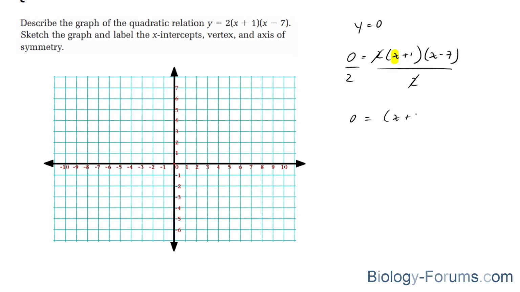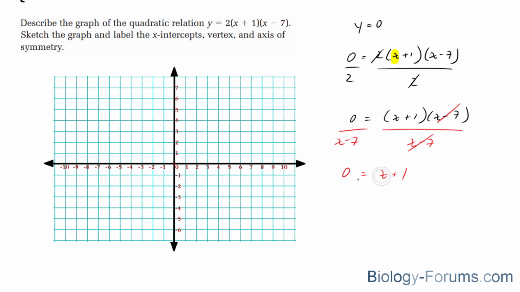Then, if we are targeting this, we would have to get rid of this part. And the way we would do that is we would divide both sides by x - 7. And once again on the left side it would reduce to 0. And we would end up with x + 1 = 0.